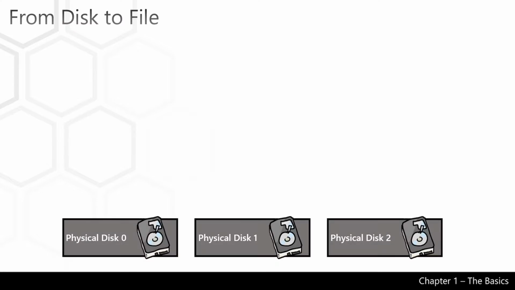Before I can explain how a RAID works, we must have a look at how a file is stored on your disk. So, what is necessary for you to access a file on your disk? First, you have a bunch of physical disks. They are independent of each other.